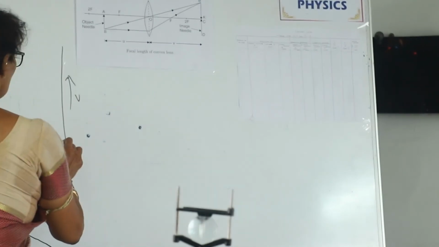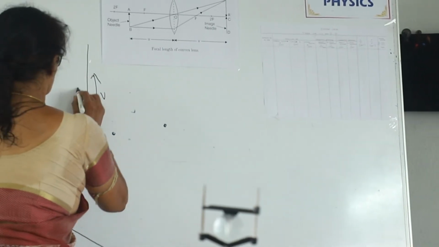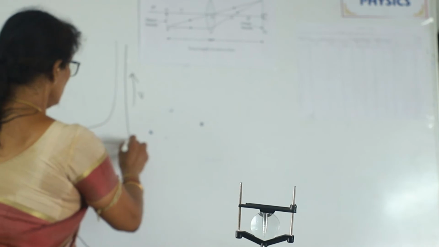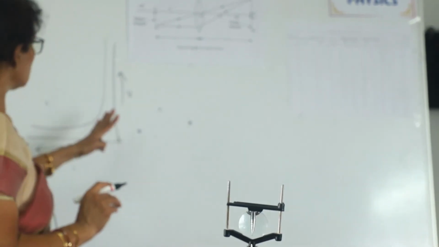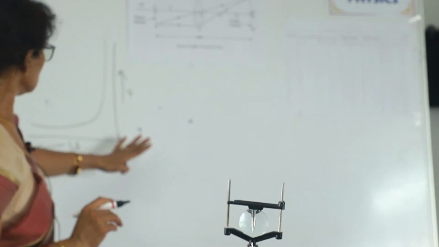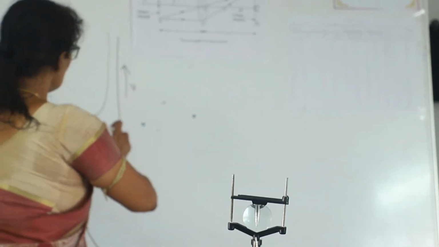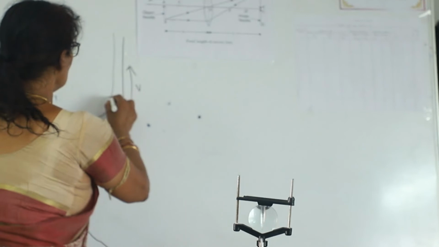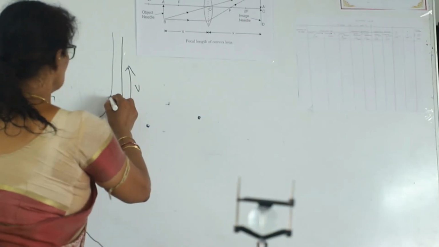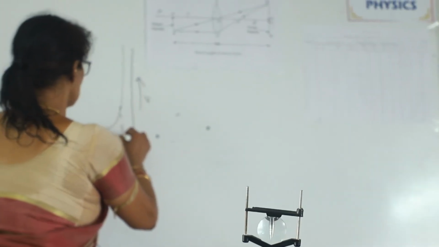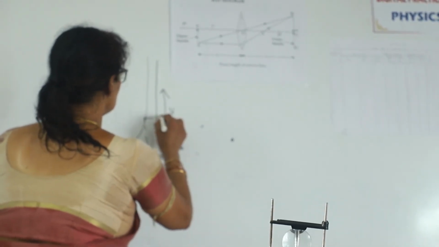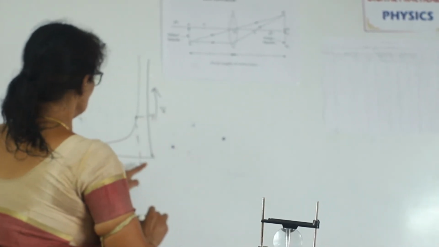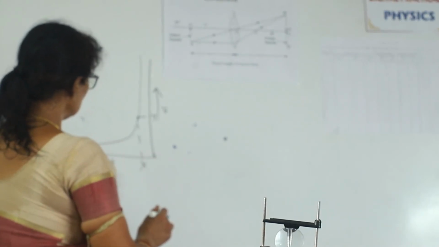If you plot, you will get a rectangular hyperbola, if you are not taking the same scale and same origin. Take any point on the graph, then draw perpendiculars to both axes. It will be x, it will be y. Then apply the sign convention, u negative.